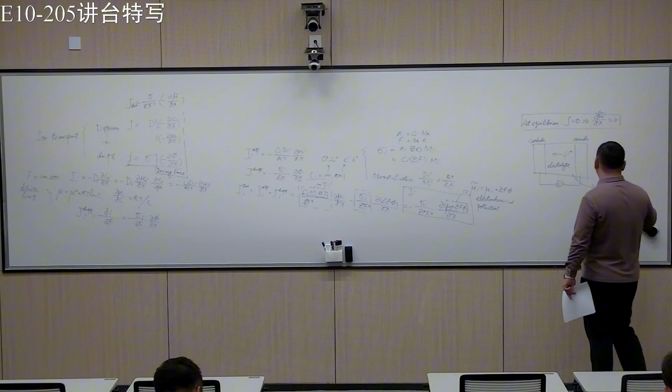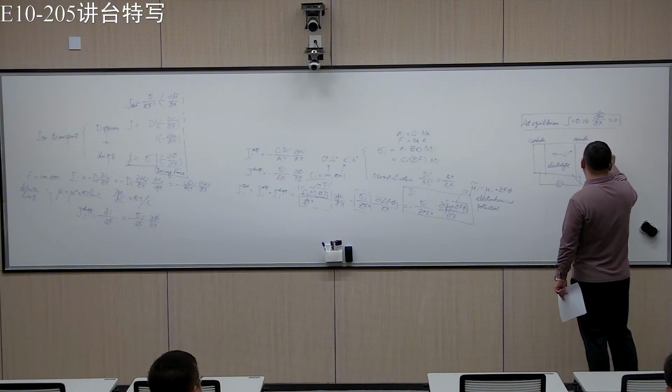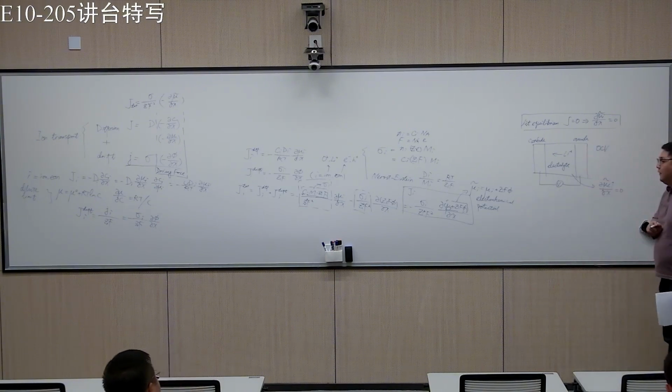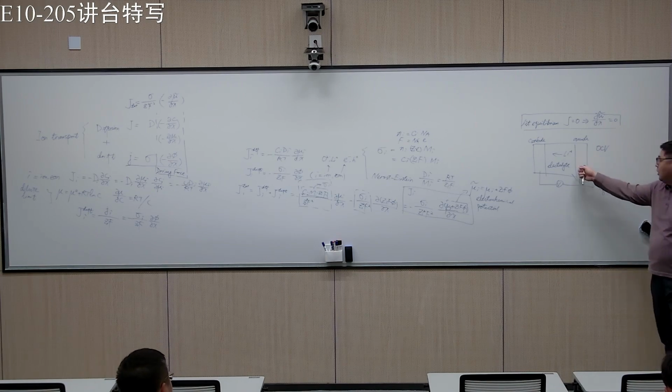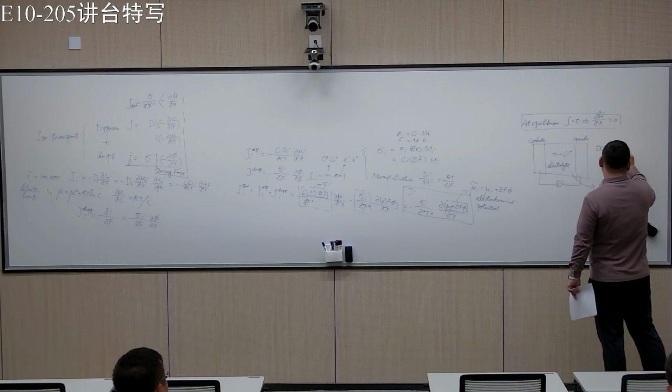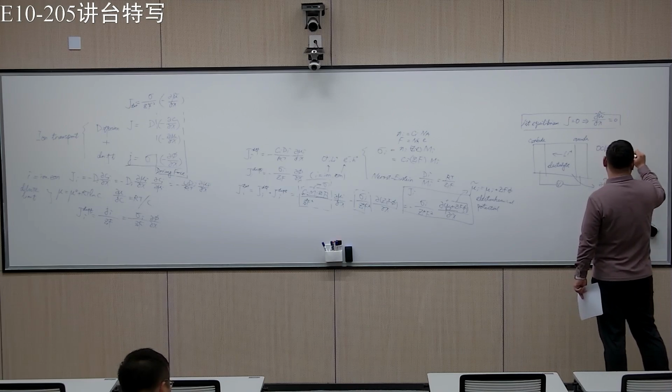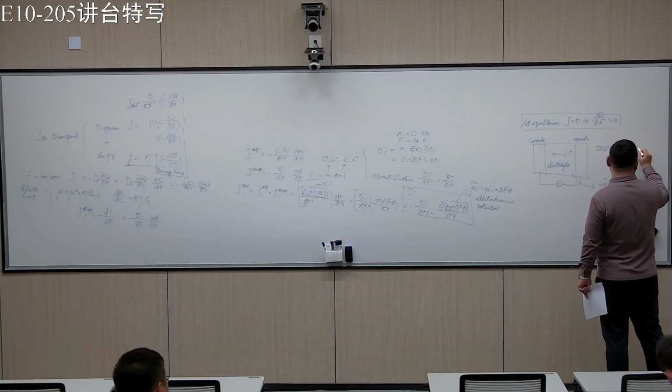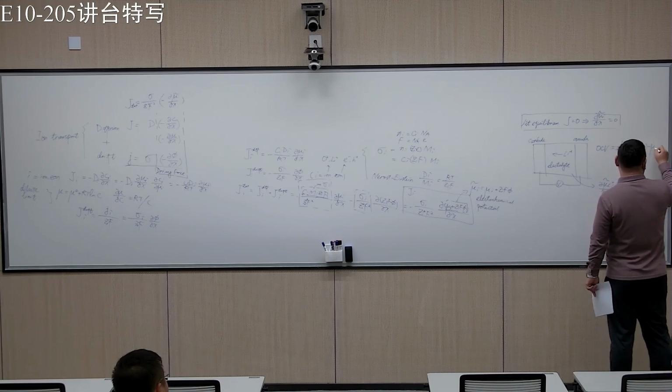So last lecture we also derived the very important thing: the open circuit voltage for such a device will be the difference between the electrochemical potential of the electrons.